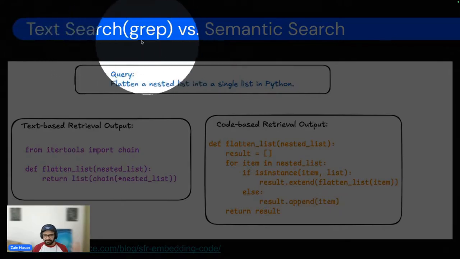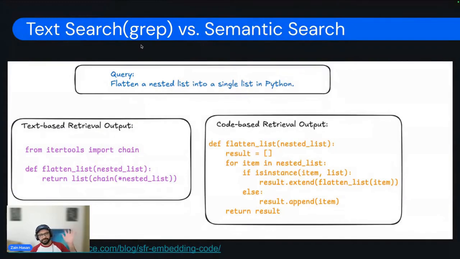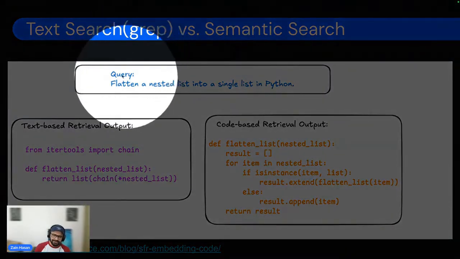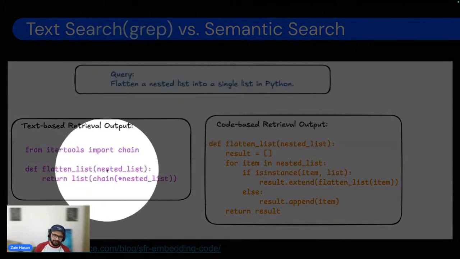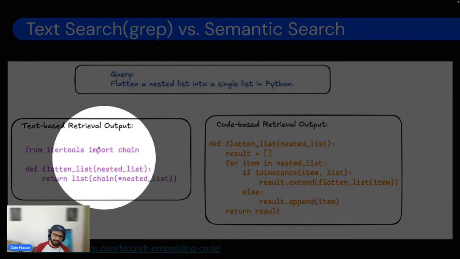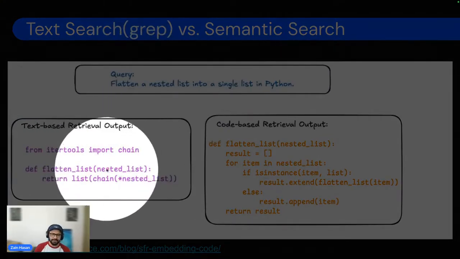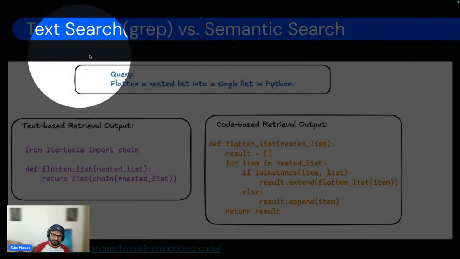They often will just do a grep to look for specific keywords in your code base. They're basically trying to identify keywords in the query and extract those keywords that are repeated anywhere in your code base. So they use this functionality as well.